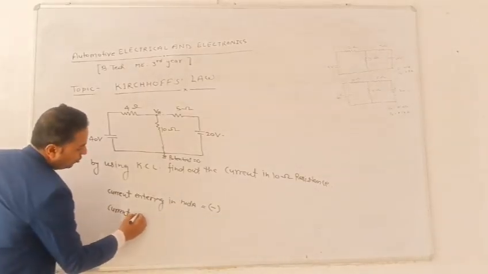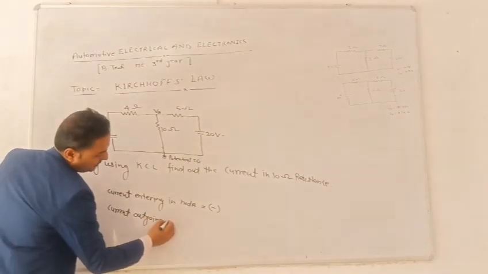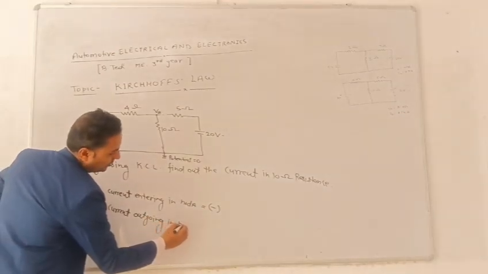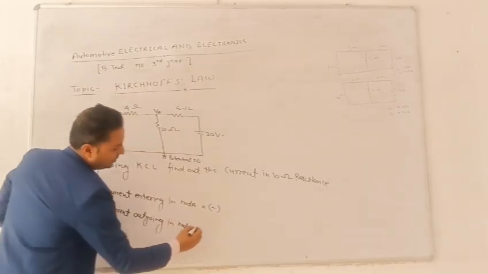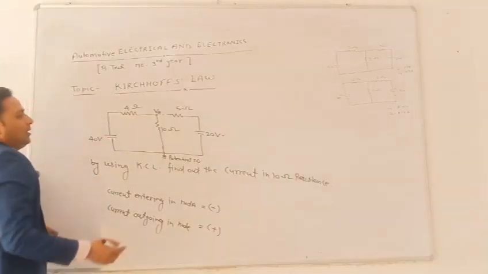Current outgoing from a node, the sign will be positive.